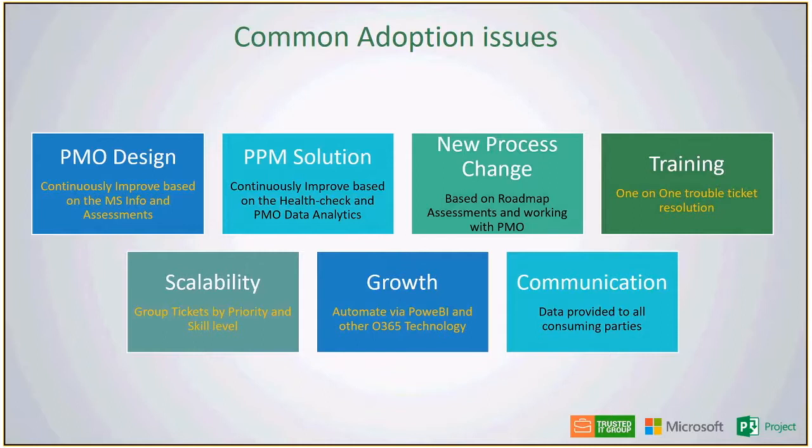But basically this model of connecting all kinds of different data sources into either a data warehouse or Power BI solutions or things like that, this is where you need to be able to communicate this information out.